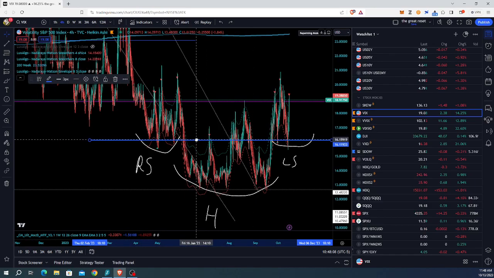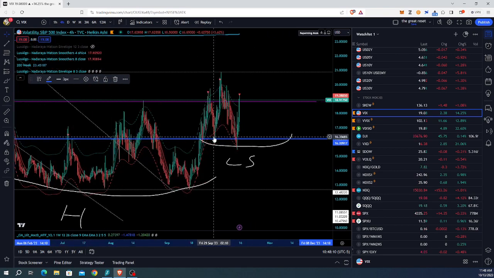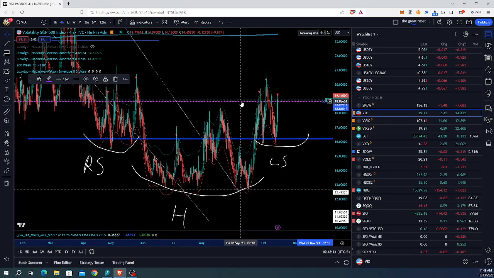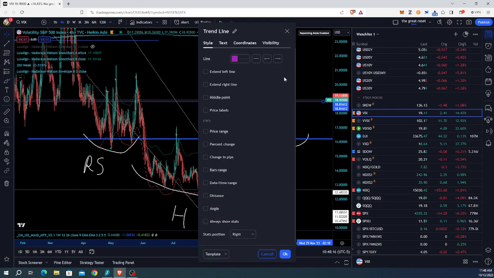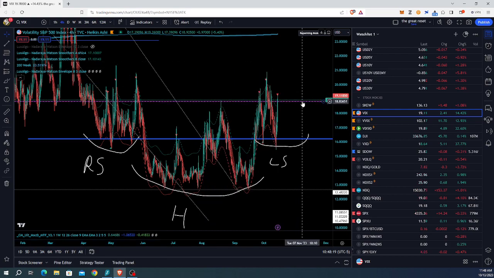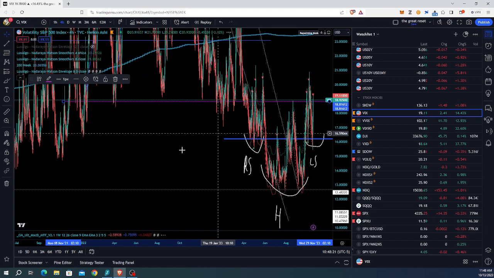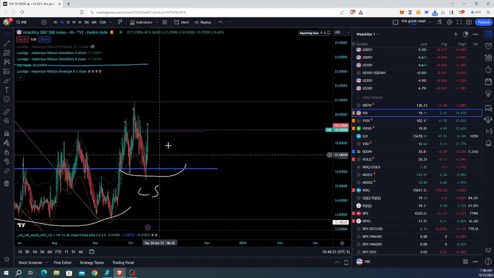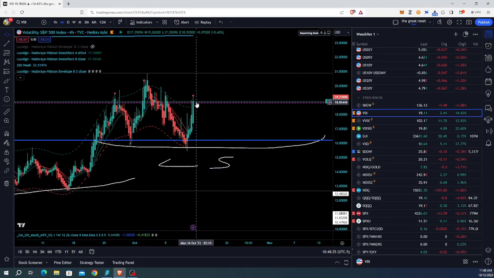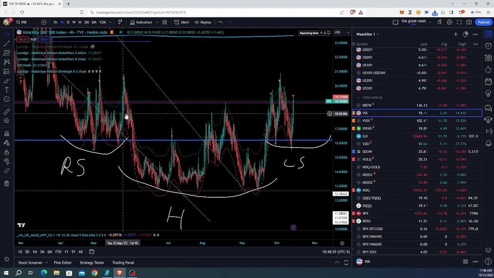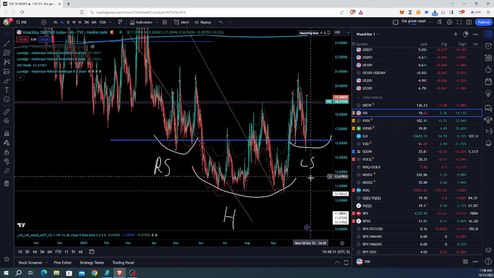So this neckline right here, you can see we got one bounce, two bounces off of, and now we are testing this support resistance area at the 19, basically right here. So this is our next big area that the VIX would have to make candles over and settle upon, if we really do want to call this a reversal pattern for the VIX.